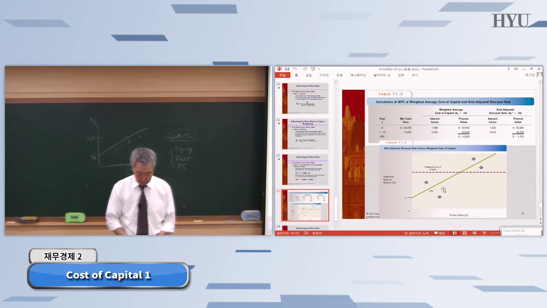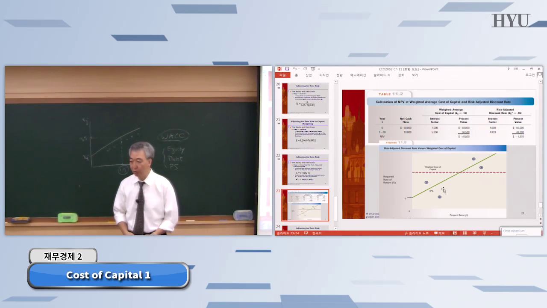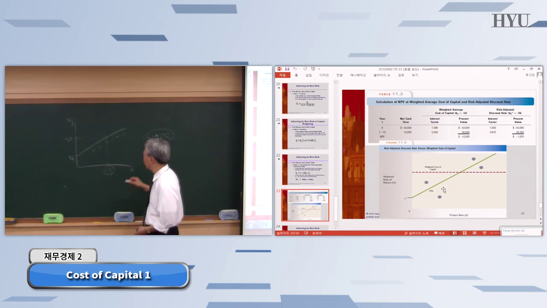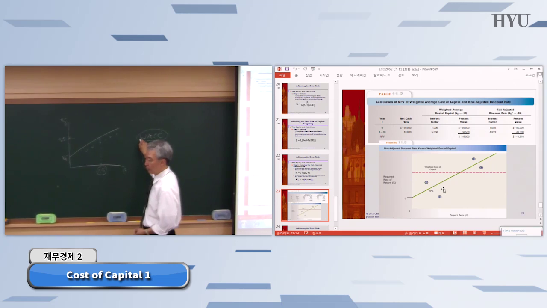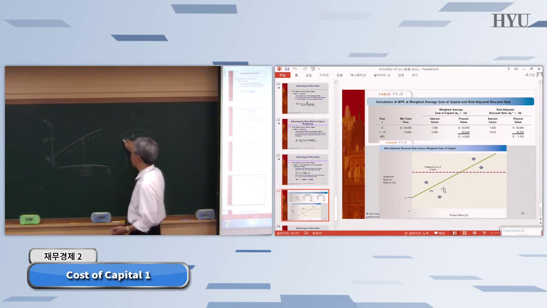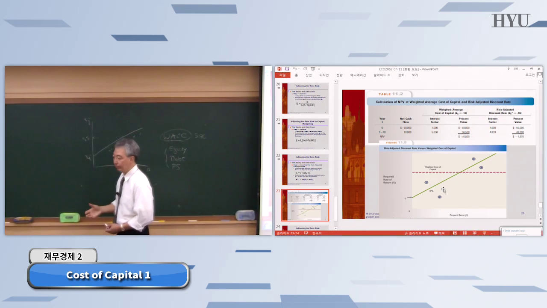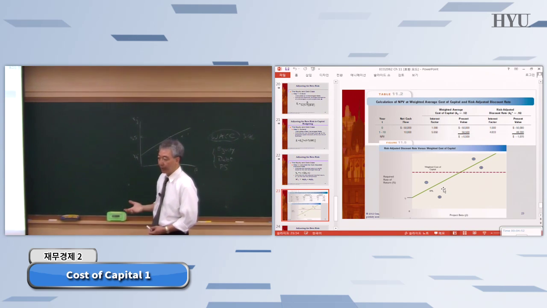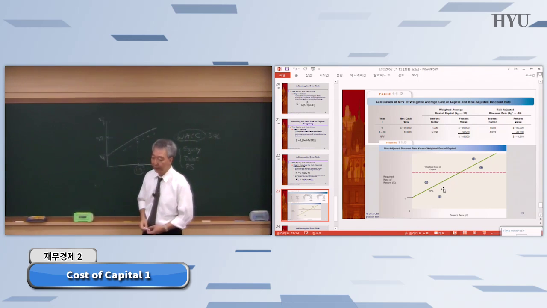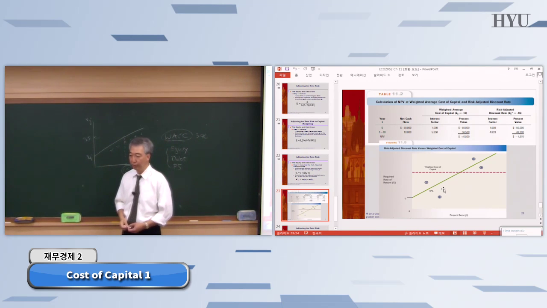But anyway, if the company just uses WACC to evaluate any project, suppose the company's weighted average cost of capital was 3%. On average, they pay 3% cost on the stocks, bonds, and preferred stock they issue.